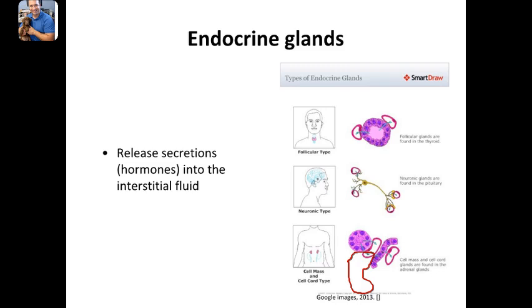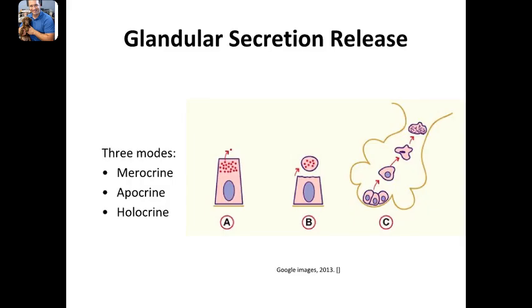This is how glands secrete their stuff. There are merocrine, apocrine, and holocrine glands. Okay, here are examples of them all. Remember that merocrine glands are going to secrete their little particles, their hormones, from the top of the cell.